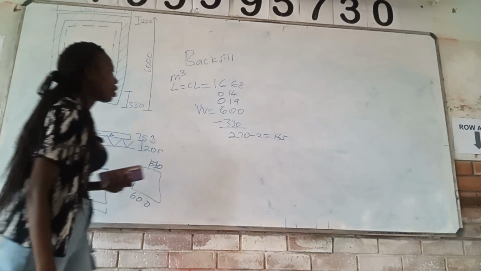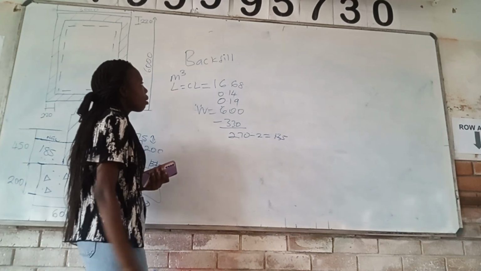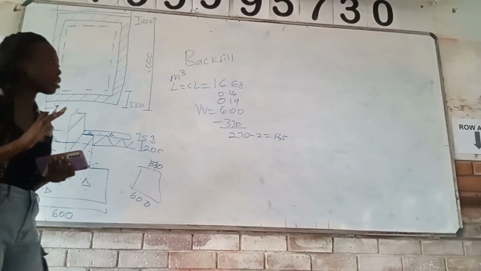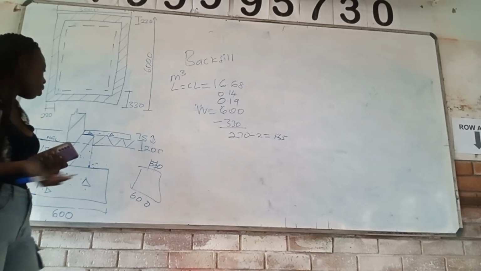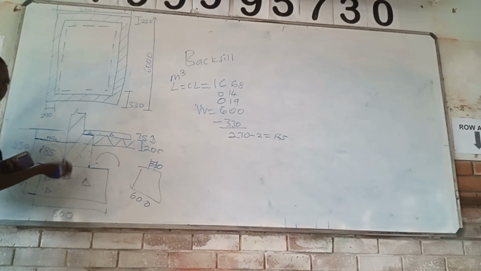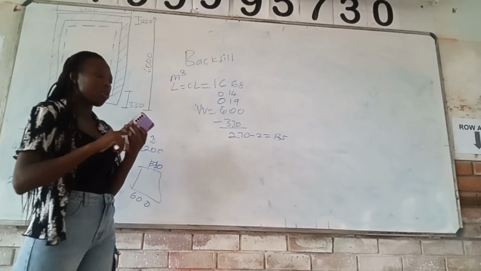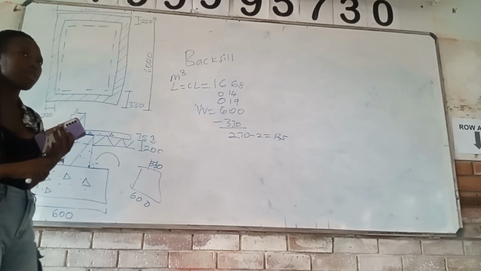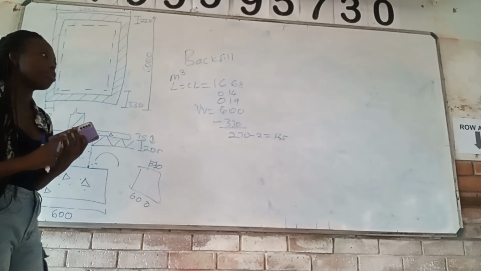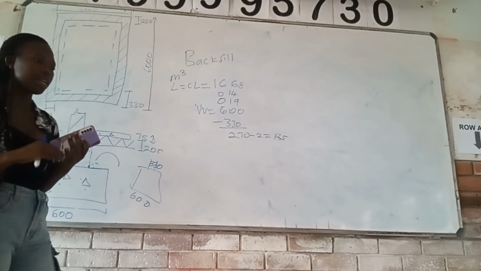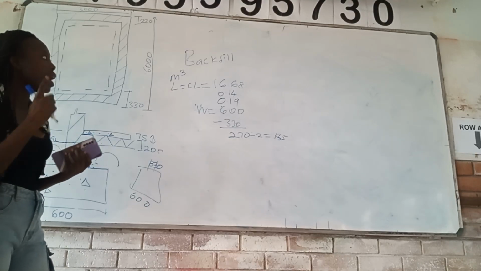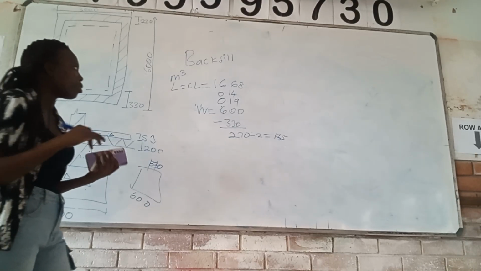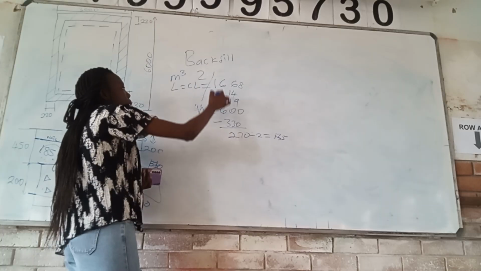So it's that 185. After backfill, how many sides does it happen? You backfill 2 sides, you backfill this side and also this side again. So what else did you multiply by 2? The risk of collapse again. So risk of collapse you multiply by 2 because there's a risk that it can collapse from both sides, and also backfill. You backfill both sides. So you need to multiply here by 2.